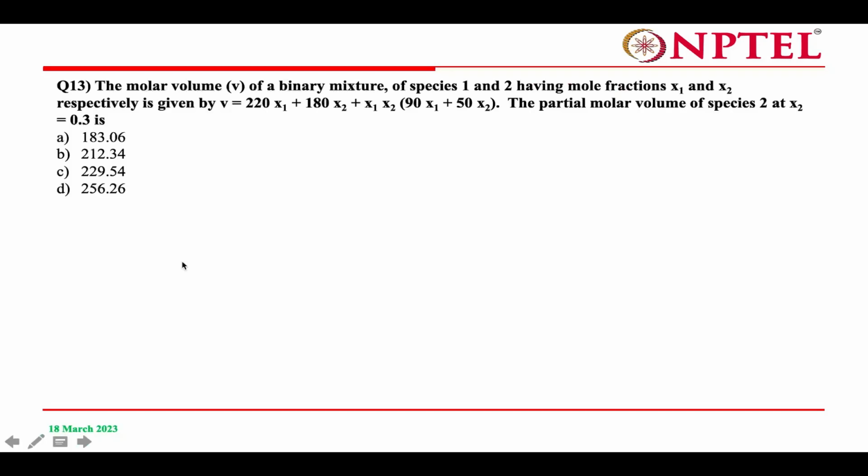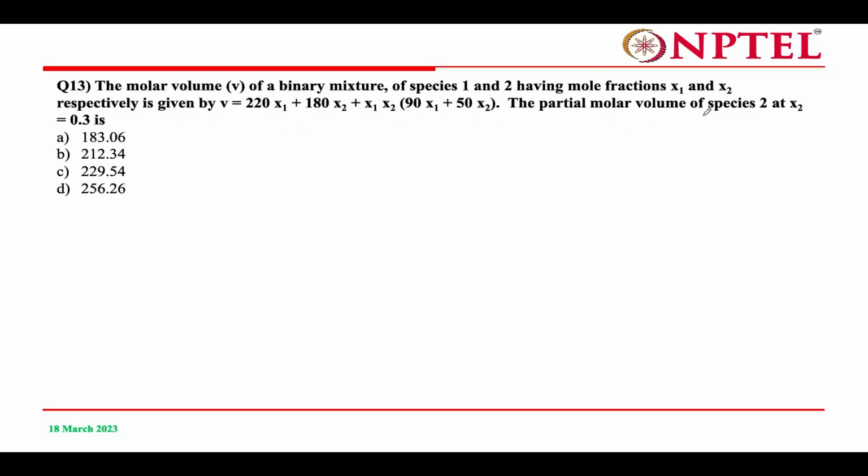Now question number 13. The molar volume V of a binary mixture of species 1 and 2, having mole fractions X1 and X2 respectively, is given by the expression given.